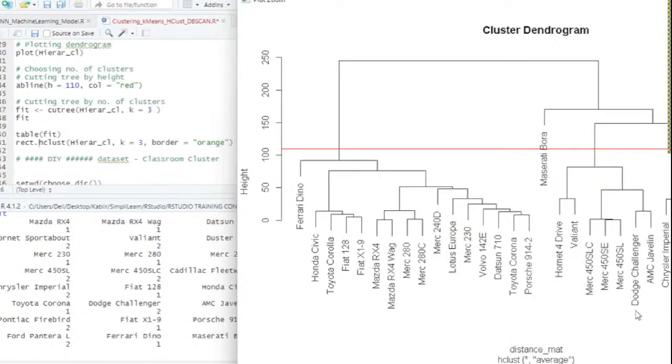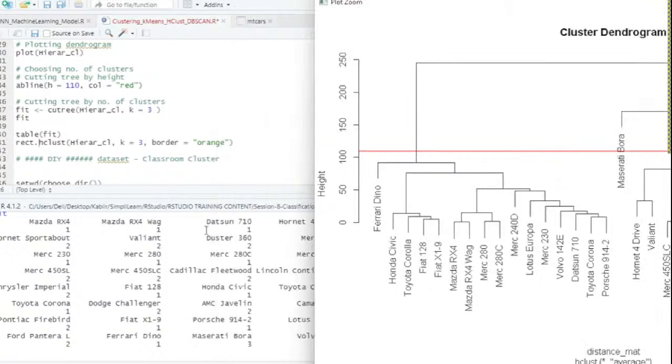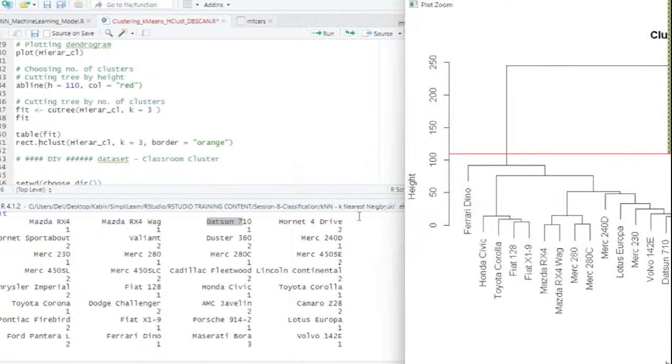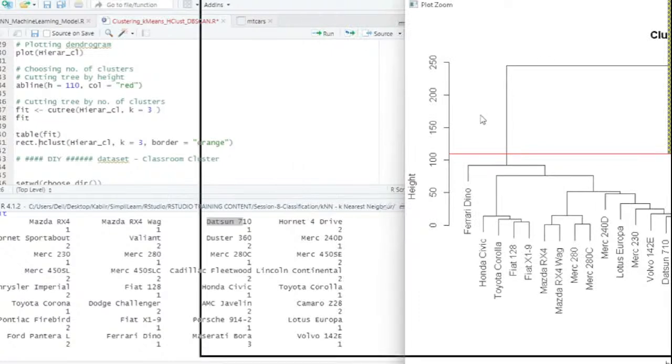See, Mazda is in cluster 1. Mazda RX4 and Wag, both of them. If I look at this output, I can easily see Datsun is also here, cluster 1. Hornet 4 Drive is in cluster 2, right?